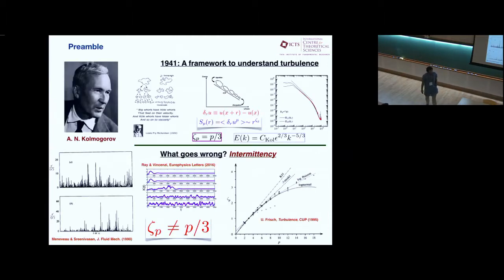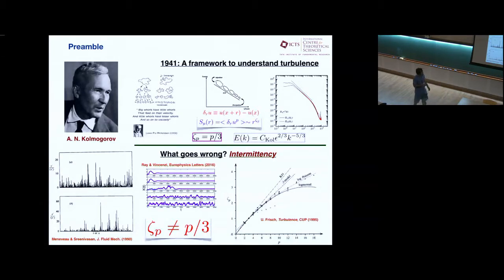Okay, so with that background, let me try to encapsulate in a slide all that Rahul was talking about yesterday, which has to do with the problem of turbulence. As was mentioned yesterday, the framework at least to understand turbulence is due to Kolmogorov. One of the consequences of that is that the energy spectrum goes k to the minus 5/3.